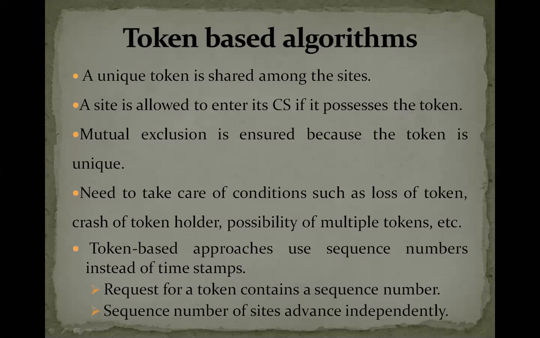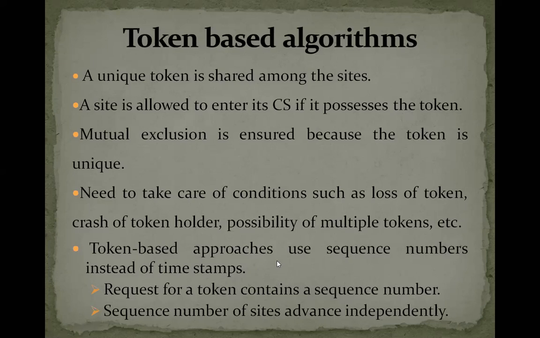So it is free from starvation and free from any kind of deadlock, because till the site is executing its critical section, it is not going to release the token. And when it finishes the task of its critical section, it releases, and it passes the token to the next site who has requested the token.